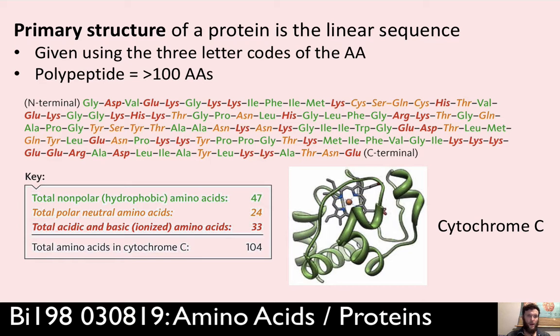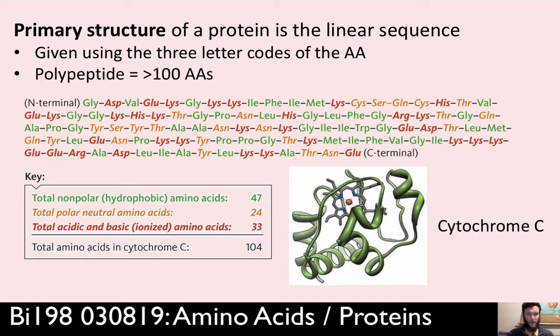So GLY is glycine, aspartate, valine, glutamine, lysine, glycine, lysine, lysine, isoleucine, phenylalanine, isoleucine, methionine, et cetera, on down the line. So each of those amino acids is hooked up with a peptide bond to the next one in the chain, and it forms this long peptide chain. This is called the primary sequence of a protein. It's the order in which the amino acids are connected to one another via their peptide bonds.